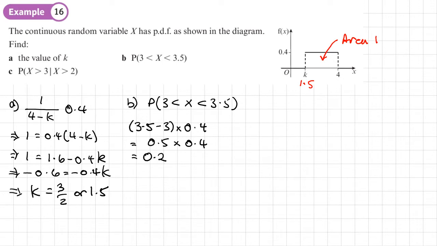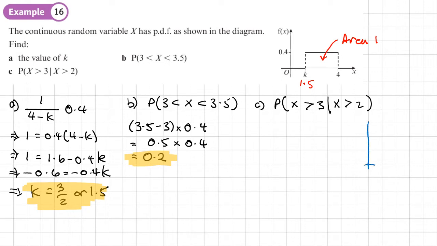Moving on to part C, let's just highlight these answers here. Part C, we've got conditional probability here. The probability that x is greater than 3, given that x is greater than 2. Now it might be helpful to demonstrate how to work out this probability using a diagram.